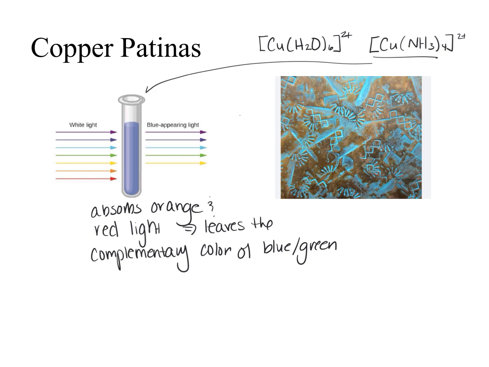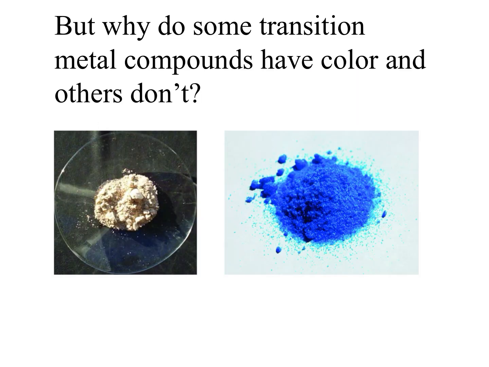But there's another question. Well, why do some transition metal compounds have color and others don't? And so we've been talking about copper. We talked about copper patinas in lab, and we said, look, they can form these colors. But when we come over here and we look at copper iodide with copper that's +1, it doesn't have any color. And when we compare that to copper nitrate here, which is copper with a +2 charge, it's this beautiful blue.